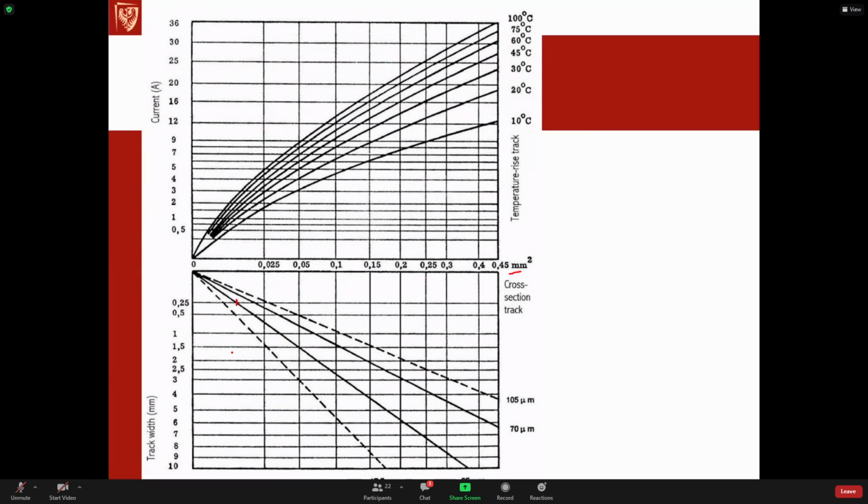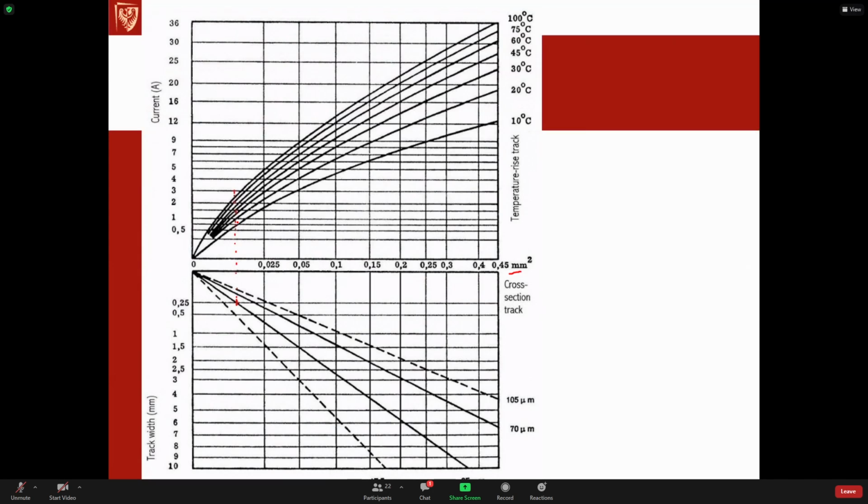For medium density PCBs, 8 or 10 mils, so 0.2 or 0.25 millimeter tracks we are using. So let's consider this 10 mils track. And with this 10 mils track, we are here. So then we can read what current can flow through such a track in order to keep the temperature of the track within limit.